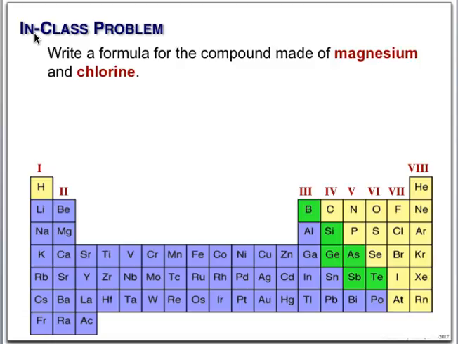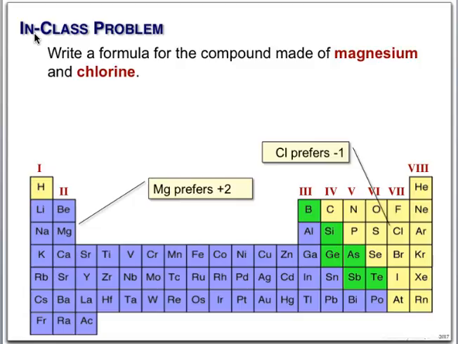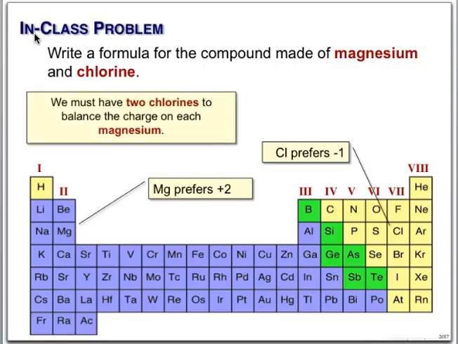It'll form a -1. Magnesium is +2. Chlorine is -1. Therefore, in order to get our neutral compound, what do we need? For every magnesium, we need 2 chlorines. And we would simply write it MgCl2. Now that's simple.